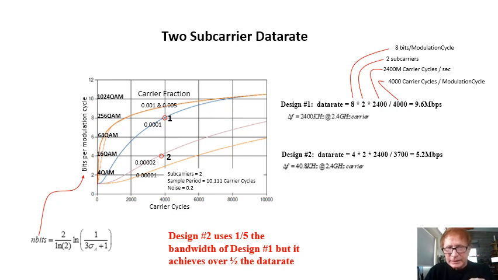Again, neglecting the FEC and guard time for multipath. Design number 2, on the other hand, uses 1/5 of the bandwidth because of the much closer spacing of the carriers. And the data rate is only reduced by a factor of 2 to achieve a 16 QAM modulation. So we can achieve 5 times more bandwidth efficiency with only a data rate reduction of a factor of 2.